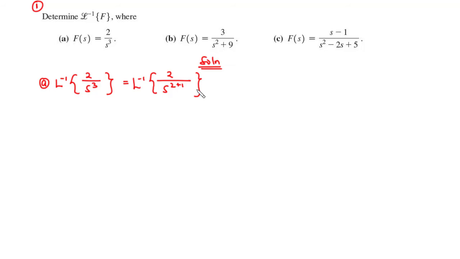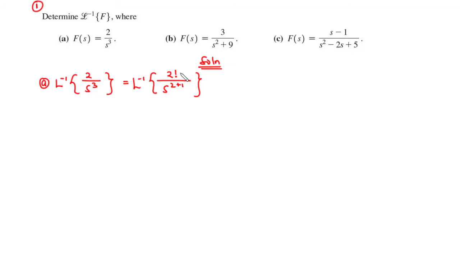Notice that these two values are supposed to be the same, neglecting the factorial. 2 factorial is equal to 2 times 1, and that is equal to 2.